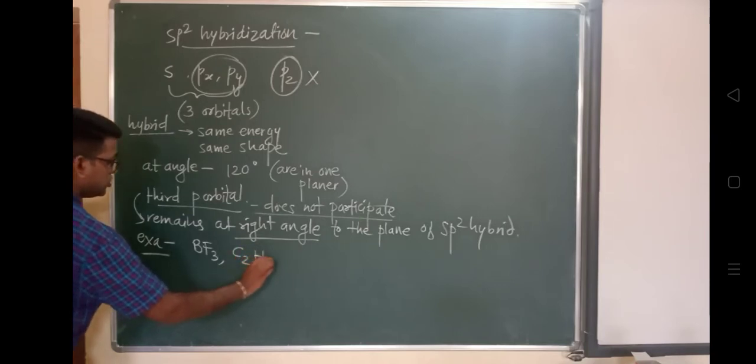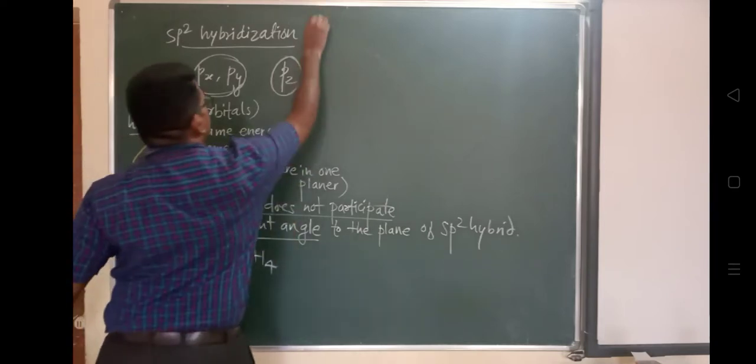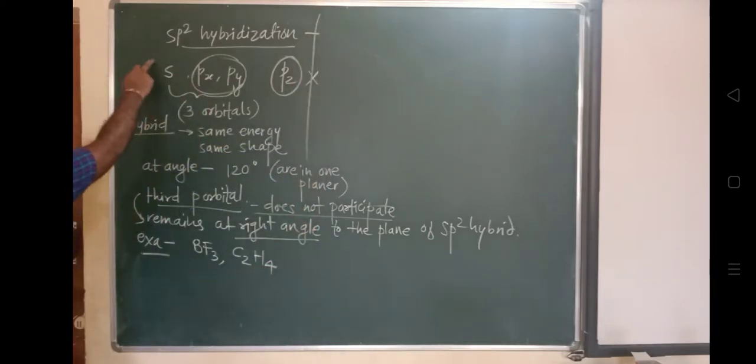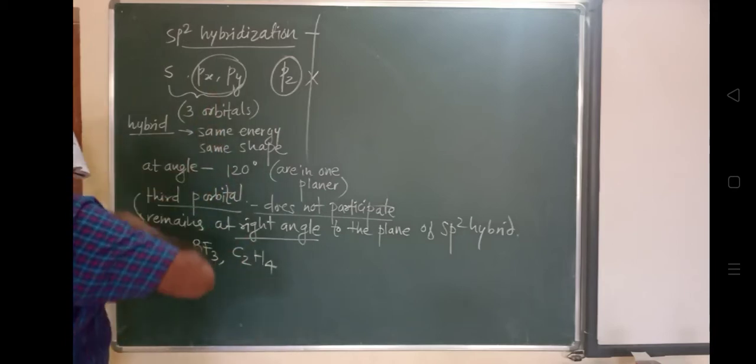So let's draw the diagram of sp2 hybridization. We have just seen that in sp2 hybridization one s orbital and two p orbitals take part. Consider the two p orbitals are px and py. We know that the s orbital is a spherical orbital.